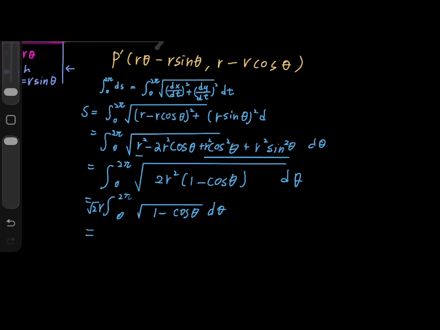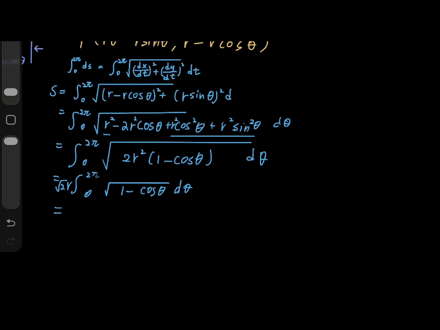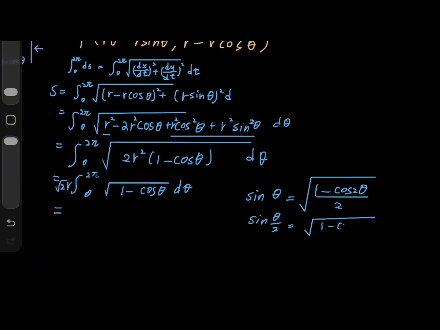So how to calculate this? When you see this, you can substitute with trigonometry, because sine square theta over 2 will be 1 minus cosine theta all over 2. So sine theta over 2 will be the square root of (1 minus cosine theta) over 2, which will be the square root of 1 minus cosine theta.